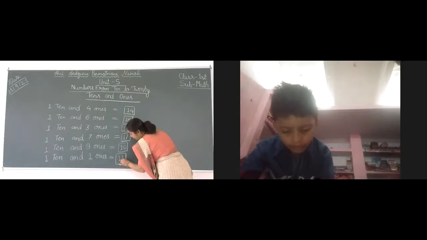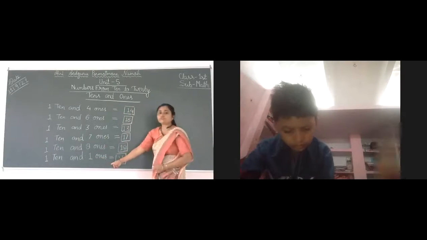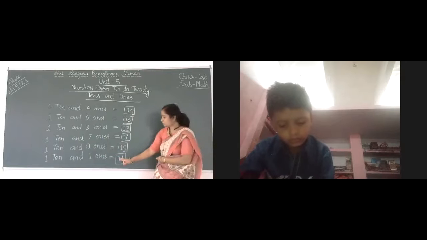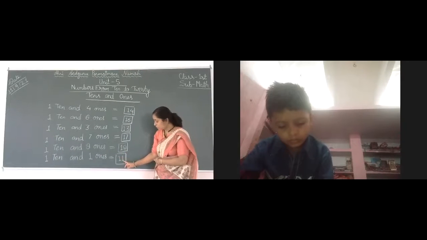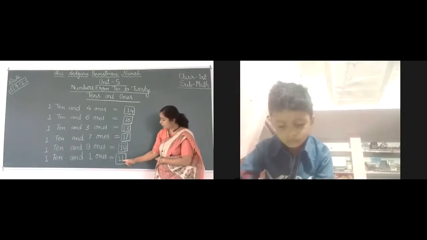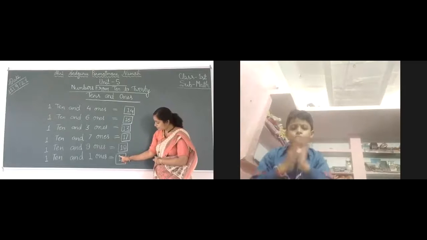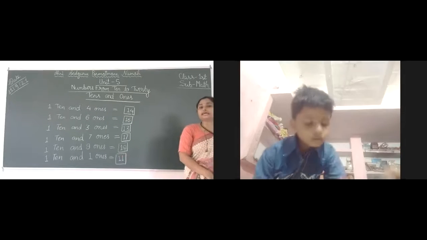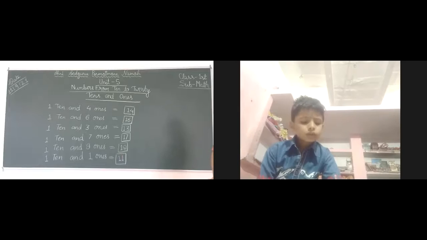So here we write down 1 ten and 1 one. In the place of tens, 1. In the place of ones, 1. Okay. So 1 ten and 1 one is equal to 11.